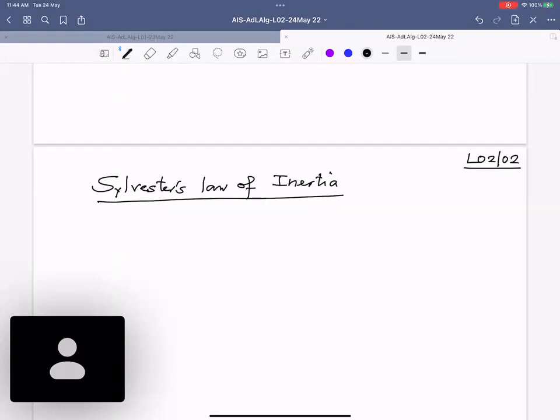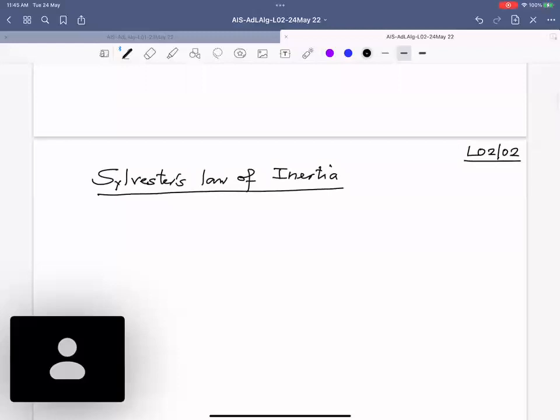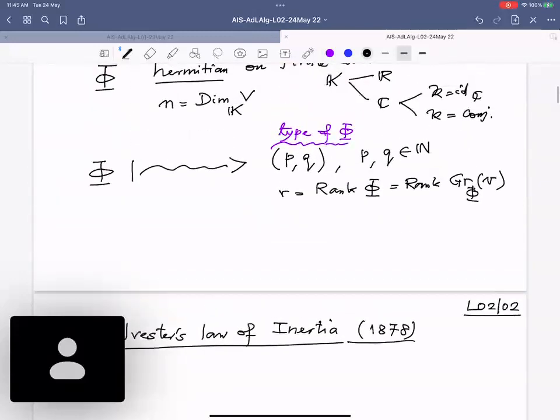All right. So what is it? If you want to track the original reference, it will be 1878. So it was long ago. All right. So what does it say? I will use the same notation.